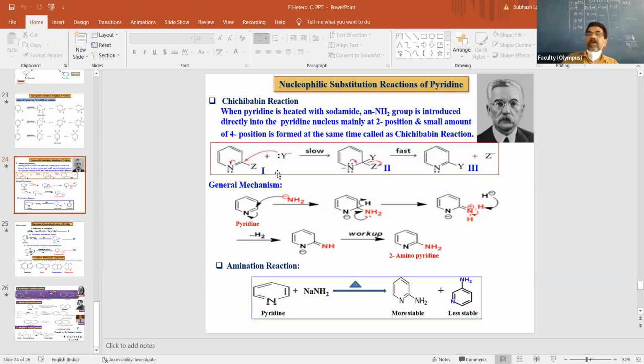Pyridine treated with sodamide, your answer must be 2-amino pyridine, not 2-sodium pyridine, because NH2 is a nucleophile. This is the overall reaction.